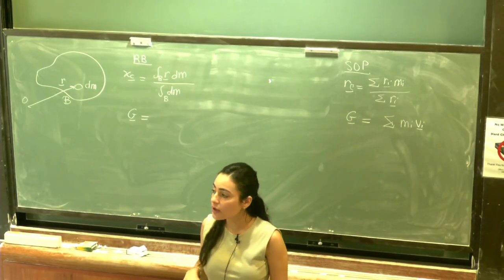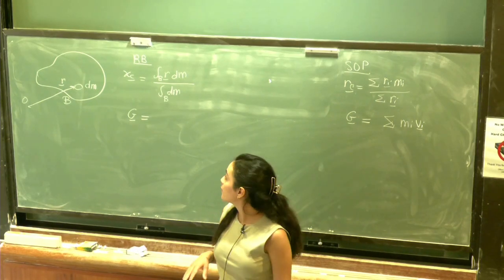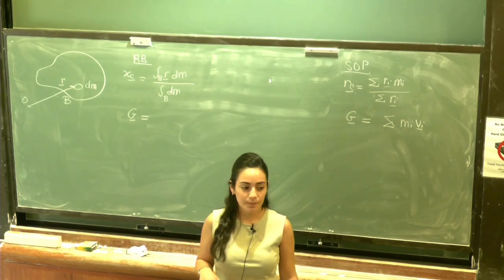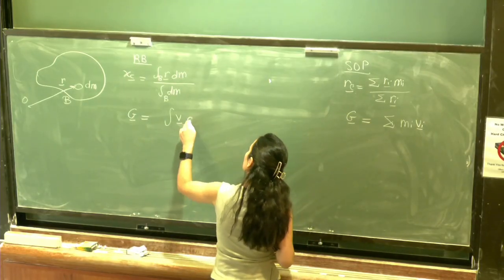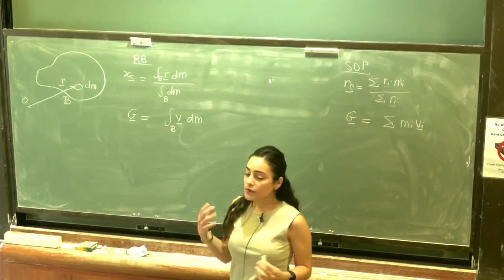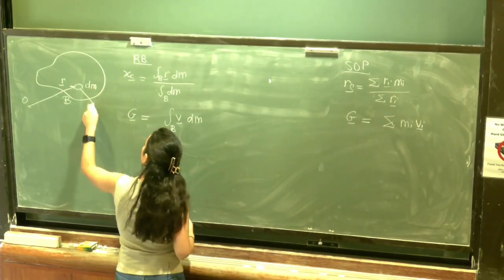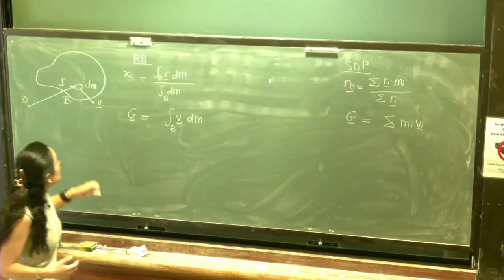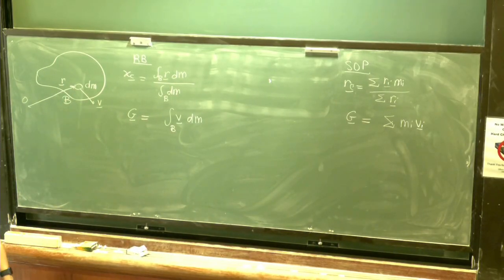The integral of what? Exactly, of v dm over the rigid body. Okay, so what is v? v is the velocity of the differential mass dm. So if I were to consider a different dm, I would have a different v.